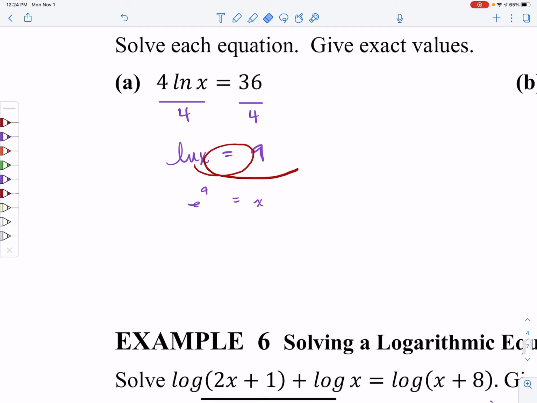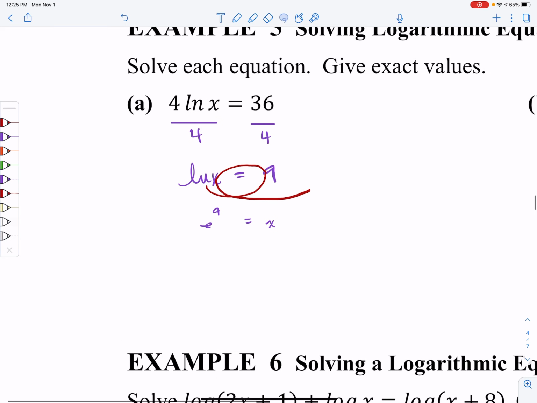So we're going to have my base of e raised to the 9th power is equal to x. Remind yourself of what you're trying to do. You're trying to solve. You're trying to find out what x is. Yep, we got it. And we were supposed to give exact values. If you take e raised to the 9th power and you plug that into your calculator, you are not going to get an exact value. You're going to get an approximation. So we're finished with this one.